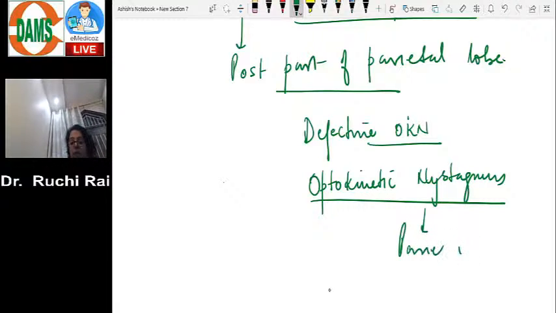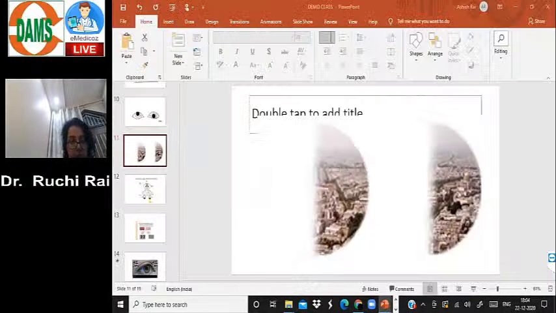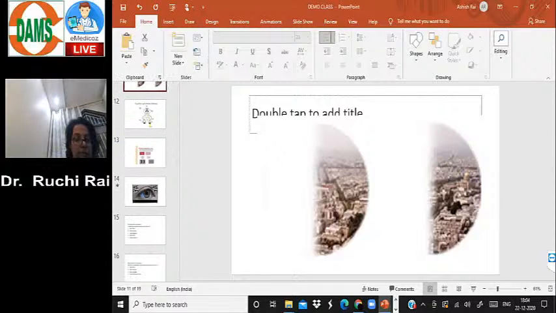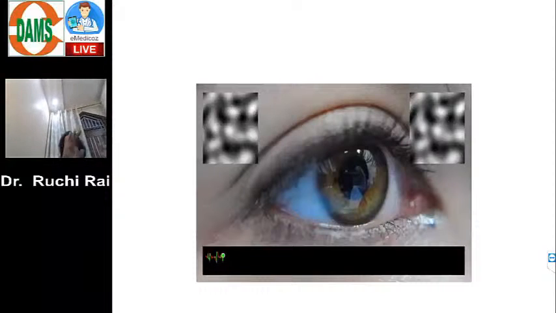I'll just explain what optokinetic nystagmus is. Let us have a look at it; it will be more clear to you all. Whenever you are looking at a moving object in front of you, when your eye is following that object, we call it pursuit movement, and the reflex is saccadic.